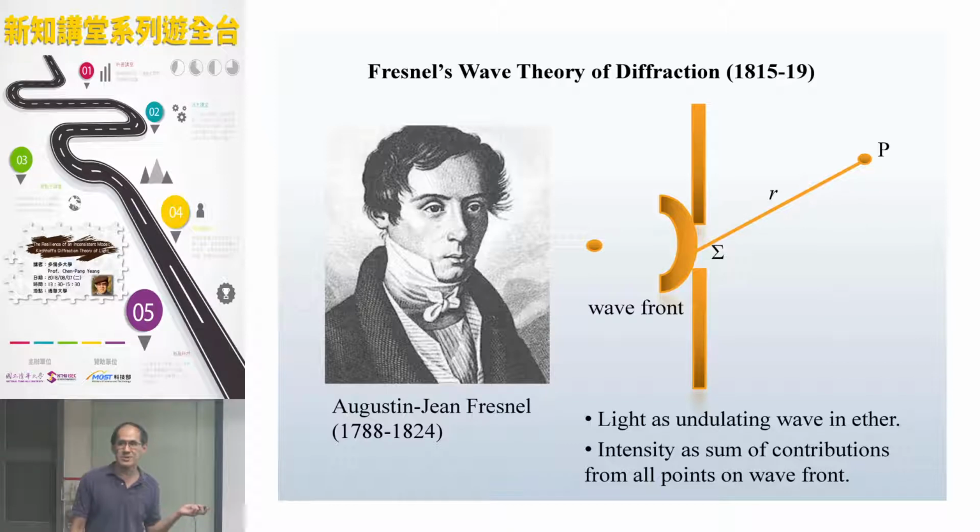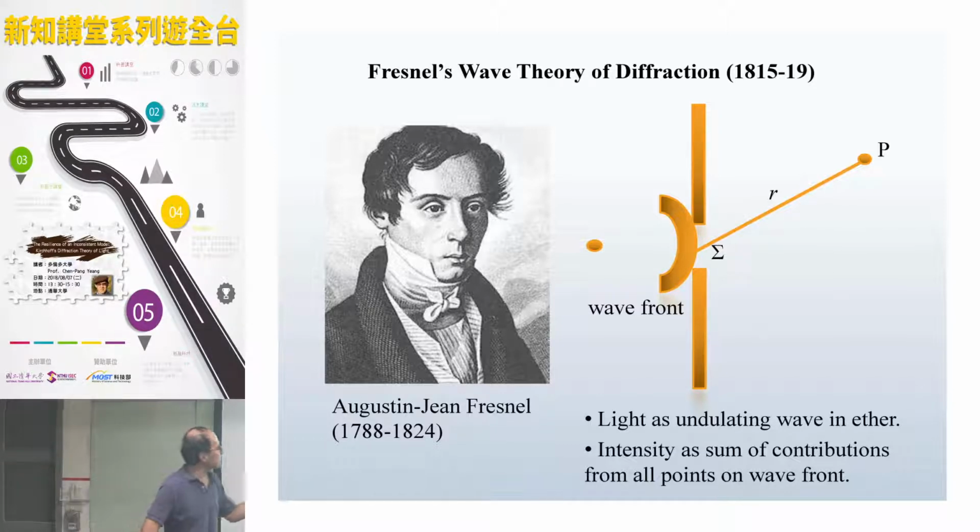And then he came to this diffraction problem. So to Fresnel, the diffraction problem could be dealt with in the way that the 17th century Dutch natural philosopher Christian Huygens proposed, namely this idea of Huygens principle.